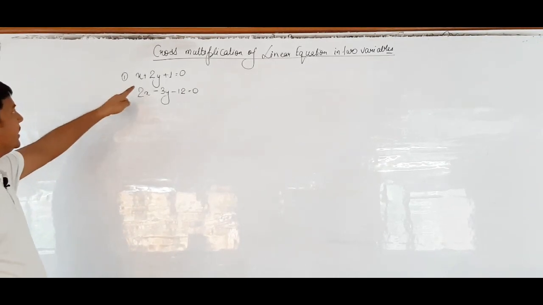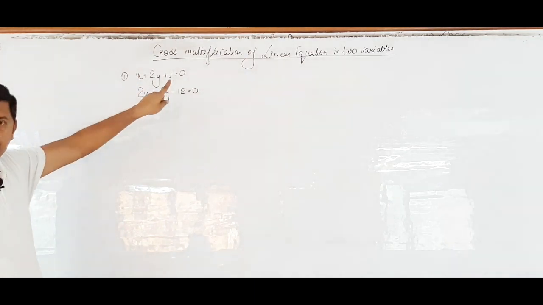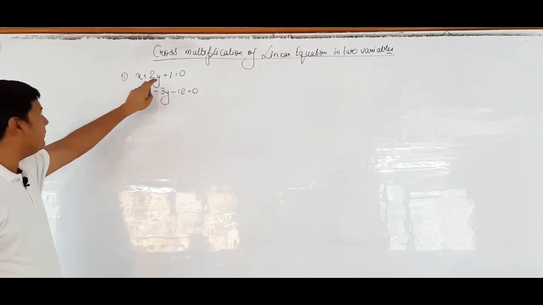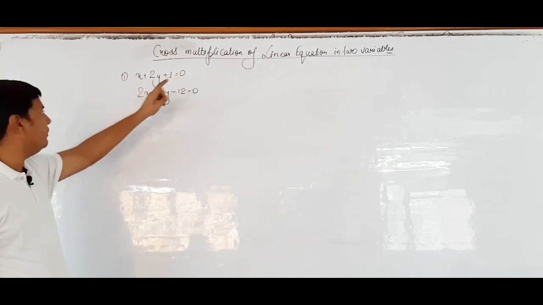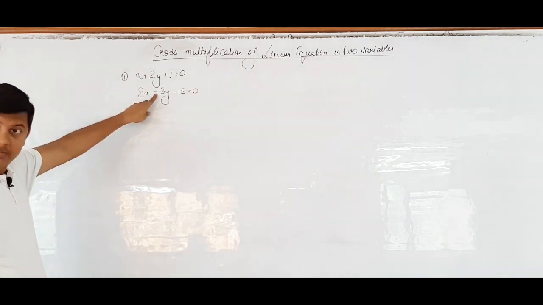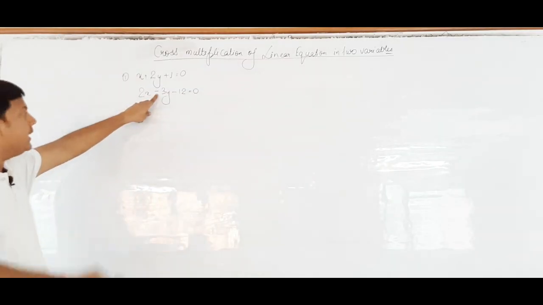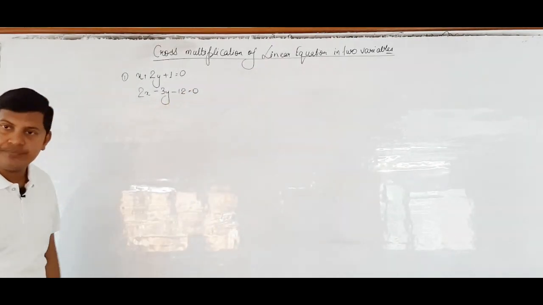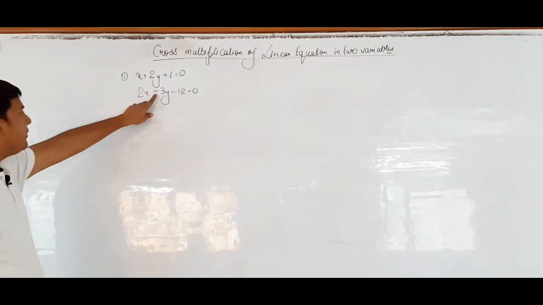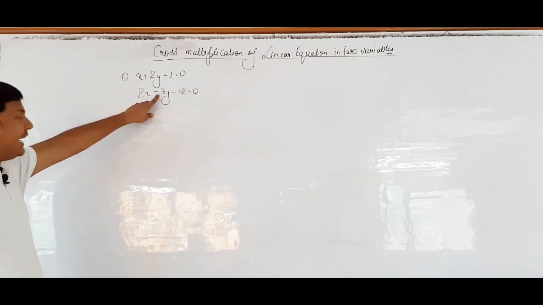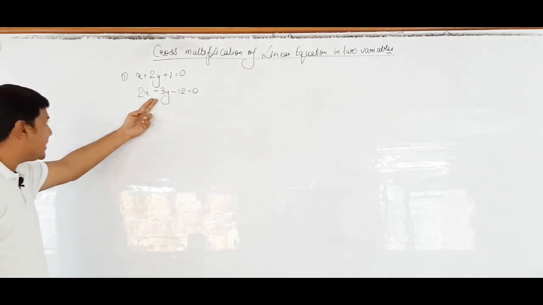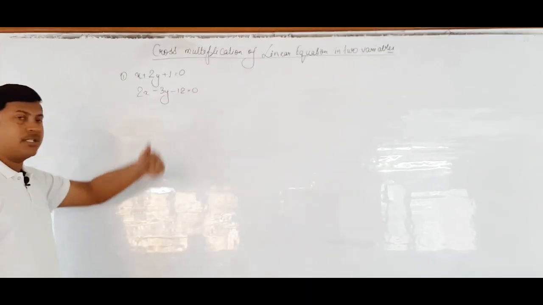As we see, this question is in the form a1x plus b1y plus c1 is equal to 0, a2x plus b2y plus c2 is equal to 0. Now everybody is thinking, sir, this is -3 and this is -12, why did you say plus b2y plus c2?